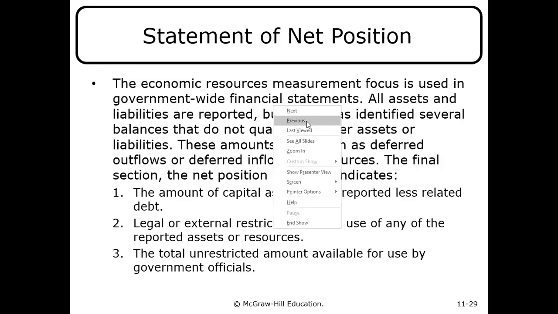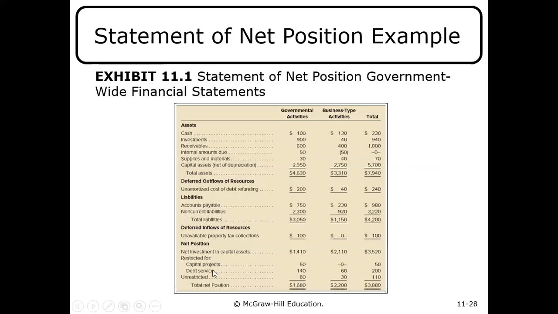So let's take a look back here. And you could see here, here's all the assets up in the top. Then we have something called unamortized cost of debt funding, refunding, which is called a deferred outflow. So that's an outflow later, but it's a resource. Then we have liabilities. Then we have deferred inflows of resources, net investment in capital assets.